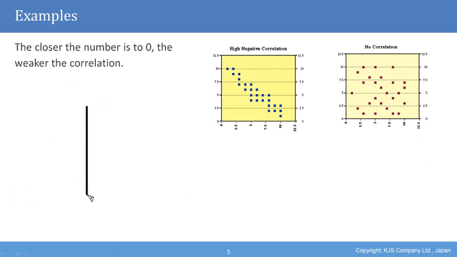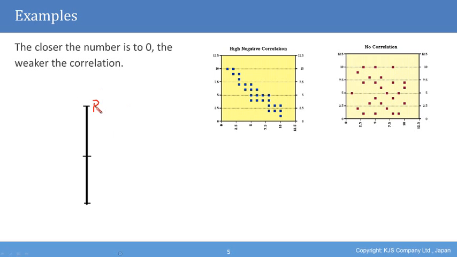So let us draw a straight line and draw a scale on this line. At the top, let's say we have positive correlation.